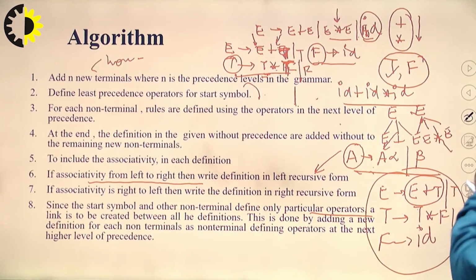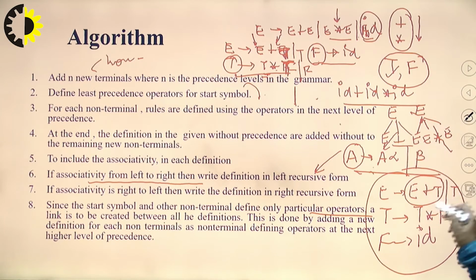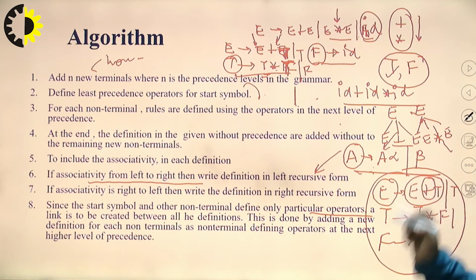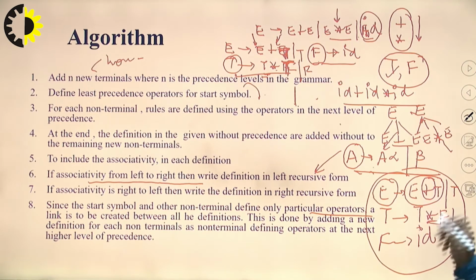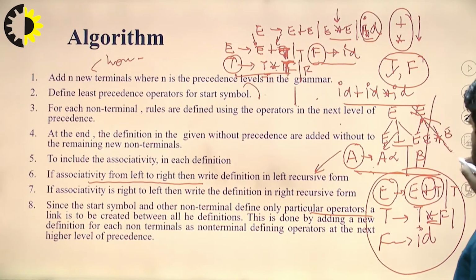So there is a possibility of two parse trees due to this. But here you will start from the starting symbol. There is a unique choice, plus. After that you will move towards the multiplication, right? So in this manner you can see the possibility of the other parse tree gets eliminated, right?